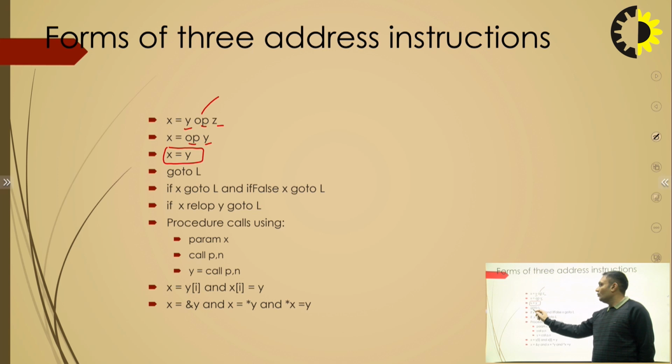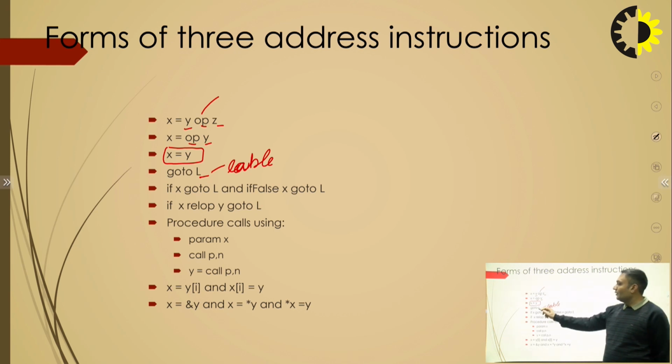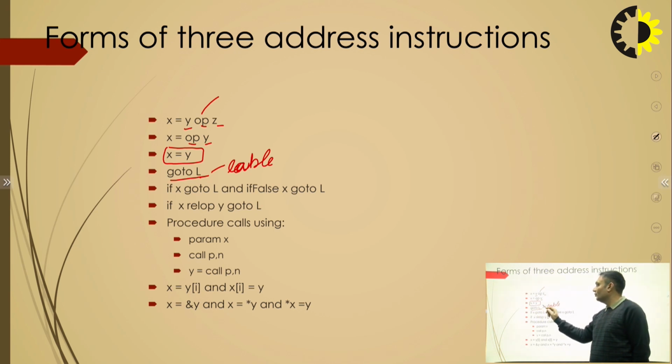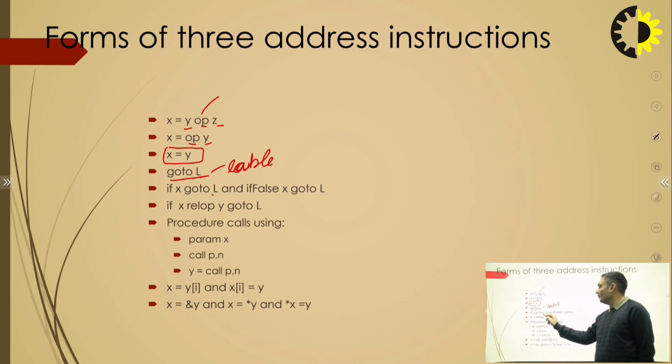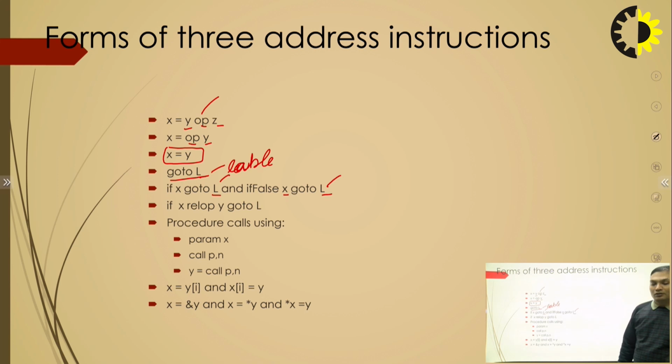And go to L, meaning go to a particular label, can also be 3-address code. Then if X go to label L, and if-else X then go to label L. So L is different in each; this may also be a form of 3-address code.